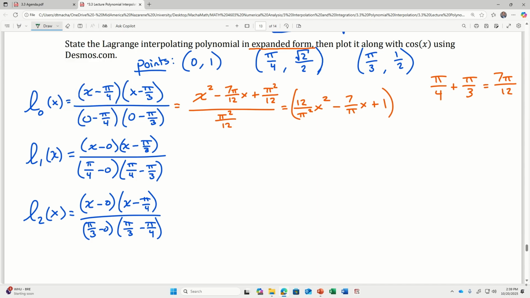Moving on to L1, we get x squared minus pi over 3 x plus 0 divided by, let's see, pi over 4 minus pi over 3 would be negative pi over 12. Is that right?